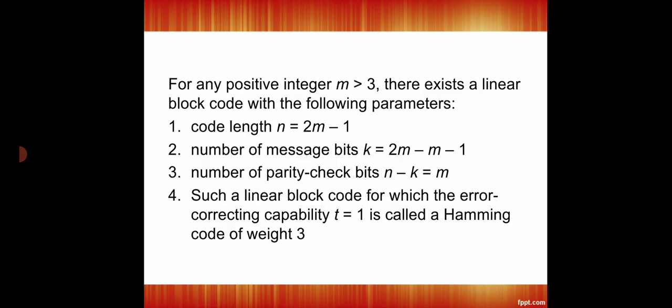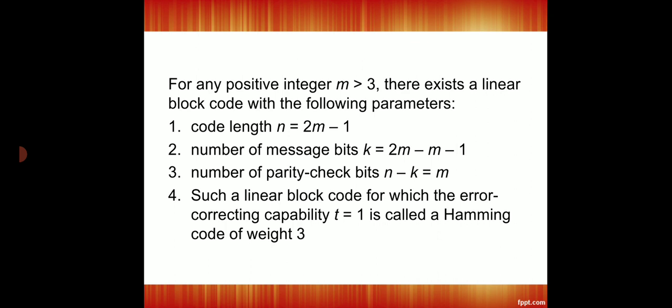For any positive integer m greater than or equal to 3, there exists a linear block code with the following parameters. First, the code length n is equal to 2^m minus 1. Next, the number of message bits k is equal to 2^m minus m minus 1. Third, the number of parity check bits n minus k is equal to m.